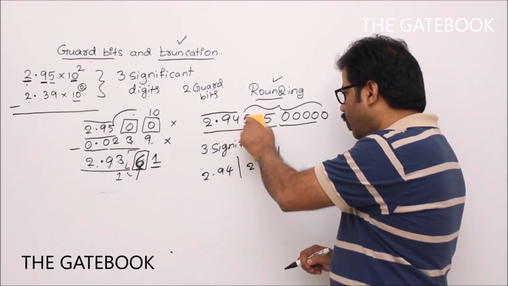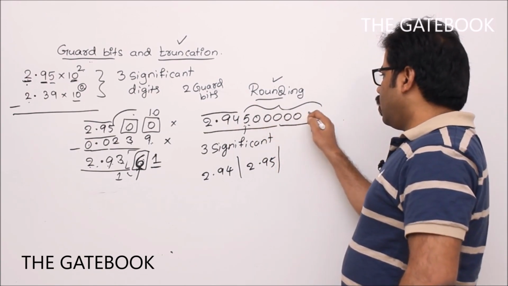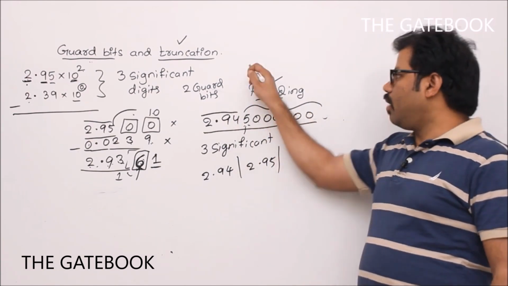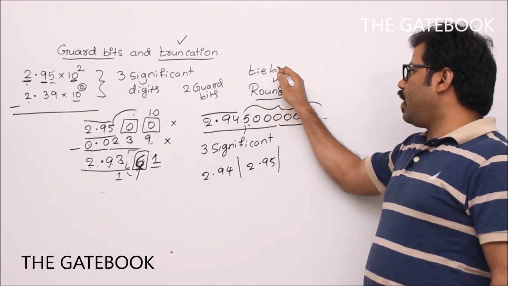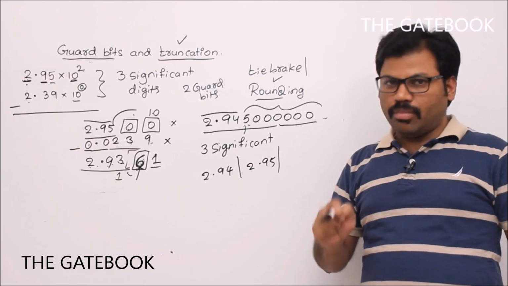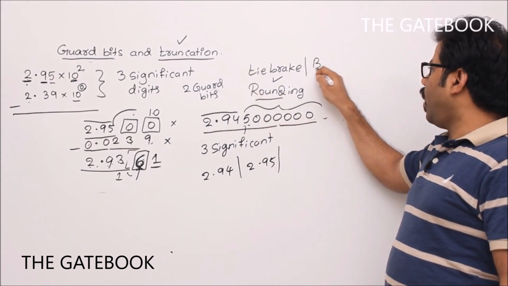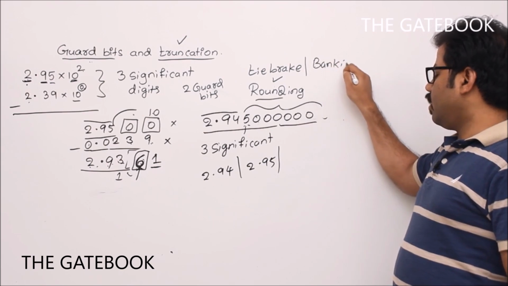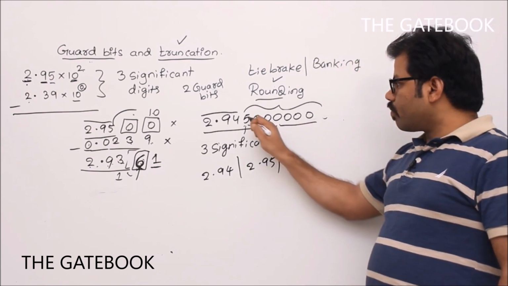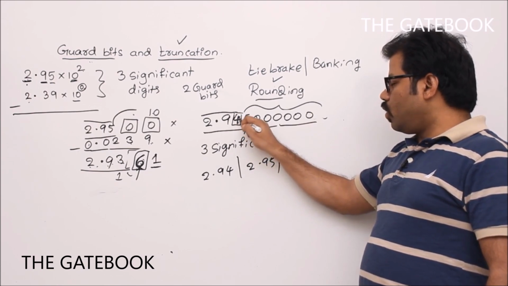If this digit is 5 and the remaining are all zeros, then we use tie breaking. This is called tie break. To do the tie break there are various choices, remember, but IEEE 754 uses a choice called the banker's algorithm. In the banker's algorithm, we see this digit, that means the last digit in the to-be-retained bits.